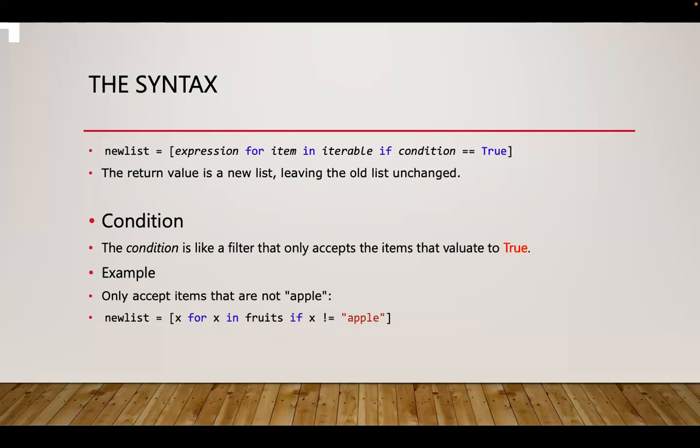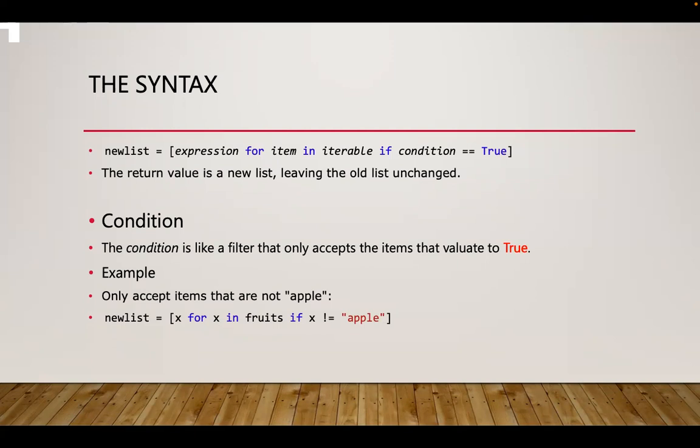So the meaning is you are saying that you want to have a new list, but you've got conditions. If the condition is met, then it's going to collect the names with the condition. So the return value is a new list, leaving the old list unchanged.